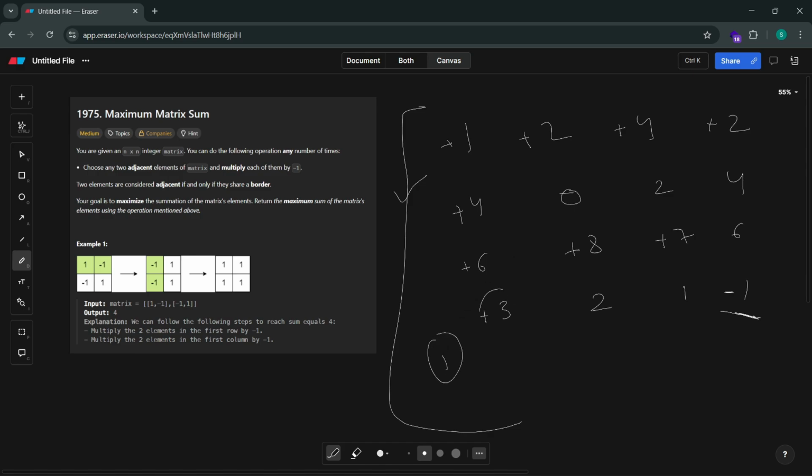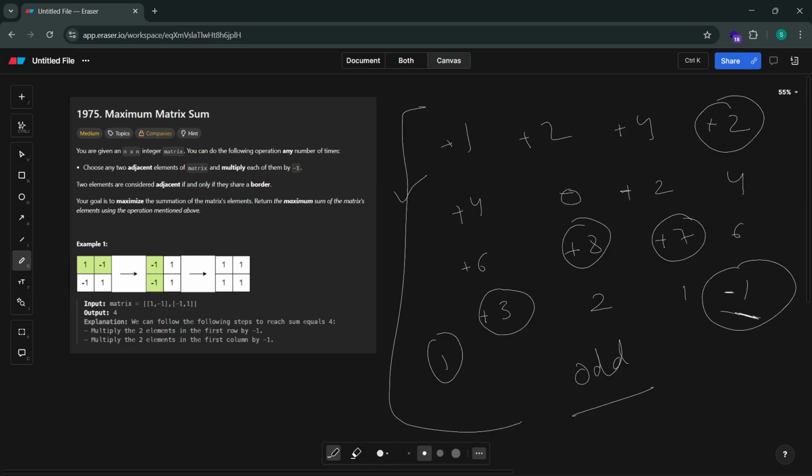How many negative numbers were there? 1, 2, 3, 4, and 5. There were an odd number, so I was not able to. Let's suppose rather than this it would be minus. Sorry, it is 0. Why can it not be minus? This will be minus.